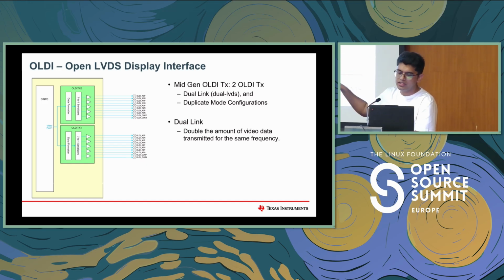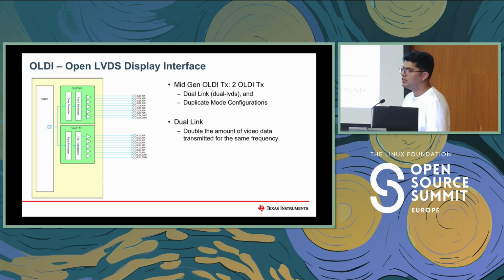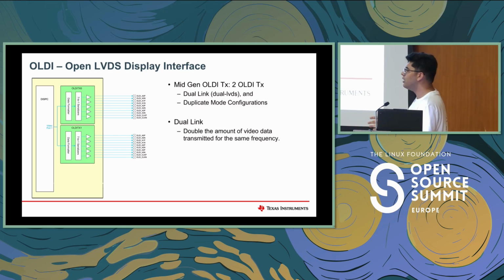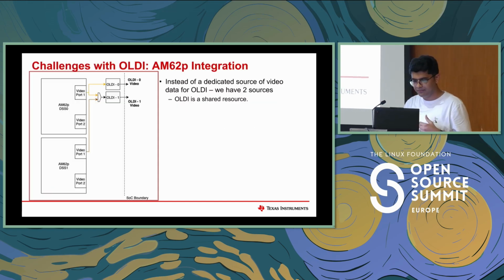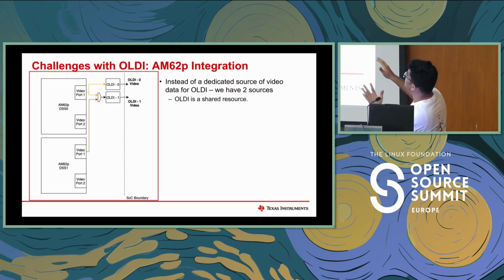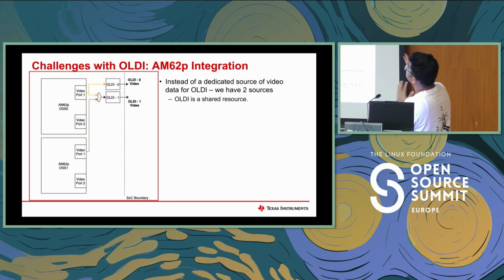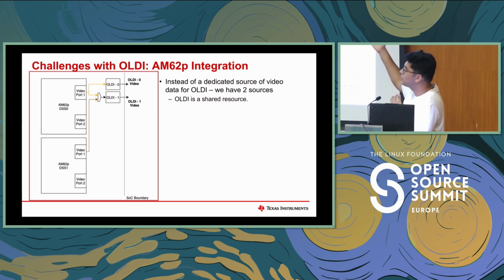The benefit of having this situation is that you can essentially double the bandwidth of video data without having to double the frequency that the OLDI transmitters are supporting. So coming back to the 6.2P. Now, we have two DSSs again, and 2 video ports that are supporting the OLDI1 video output. And that was a shared resource for us.